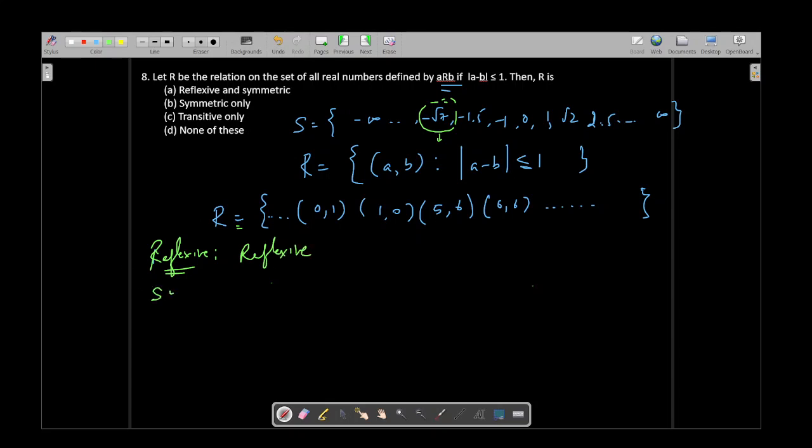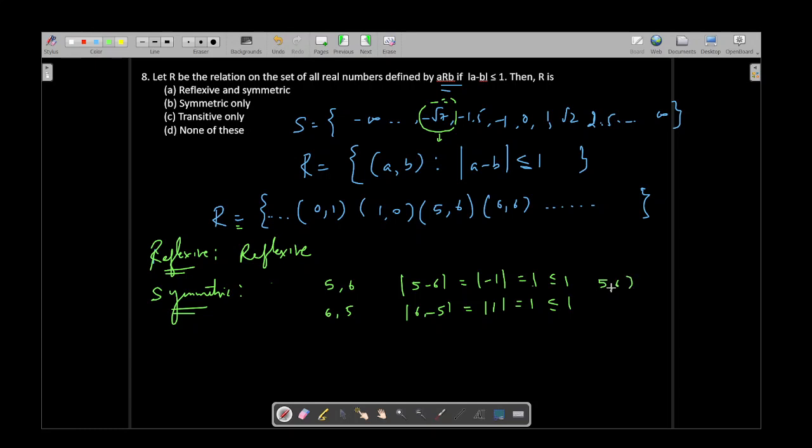Let us check for symmetric property. If I take, let's say, 5 comma 6, modulus of 5 minus 6 is actually modulus of minus 1, which is plus 1, and this is clearly less than or equal to 1. So if I make 6 comma 5, 6 minus 5 is 1, mod of 1 is 1, so this is less than or equal to 1.